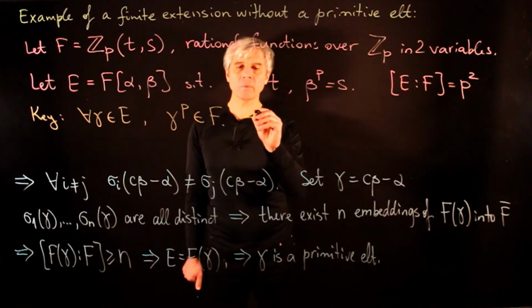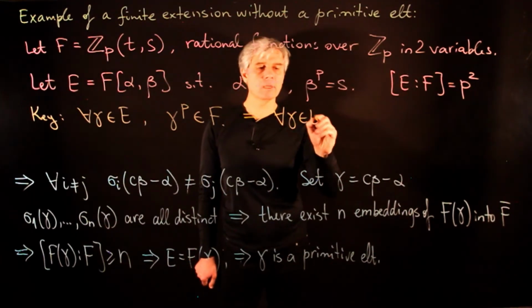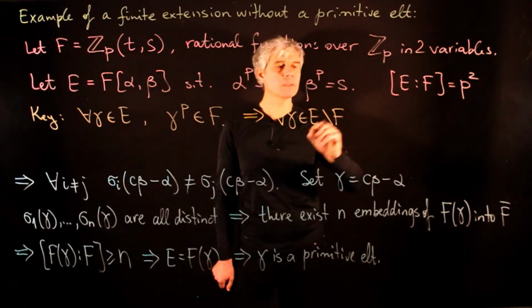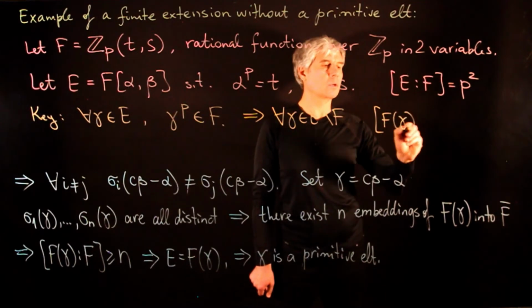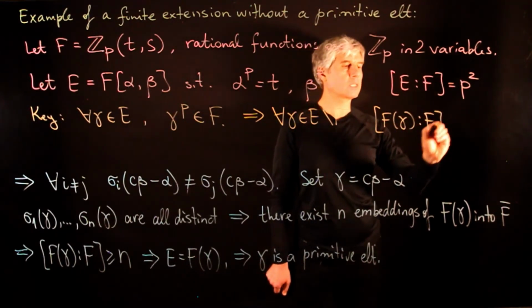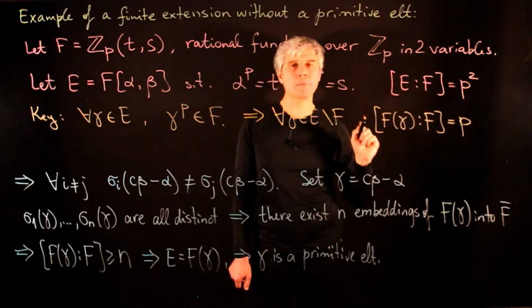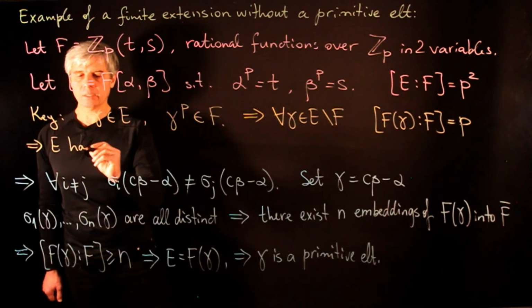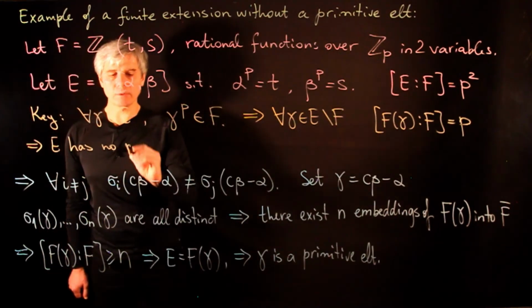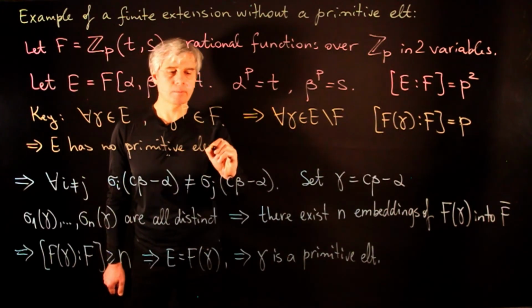And from here, we can easily see that for every gamma in E which is not in F, the degree of F(gamma) over F is equal to p. So no element gamma will give us degree p squared. And we conclude that E has no primitive elements.